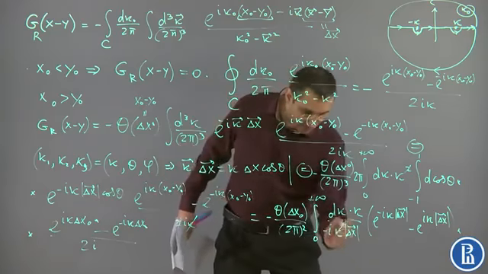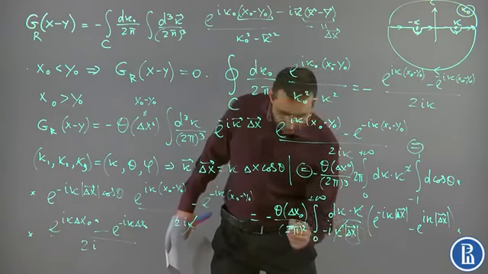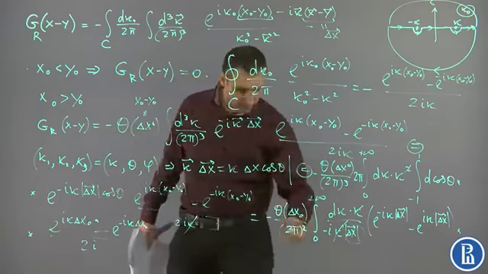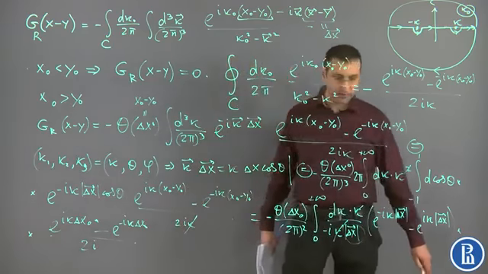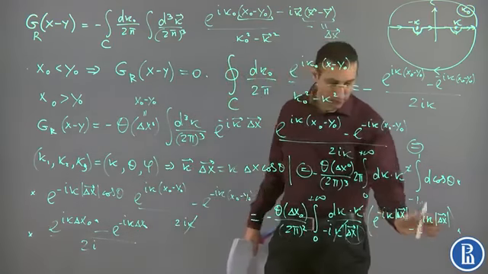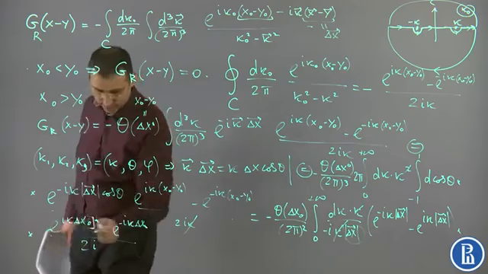So k cancels here. Delta x can be taken out. 2 together with I can also be taken out. So what remains is just the product of two brackets.